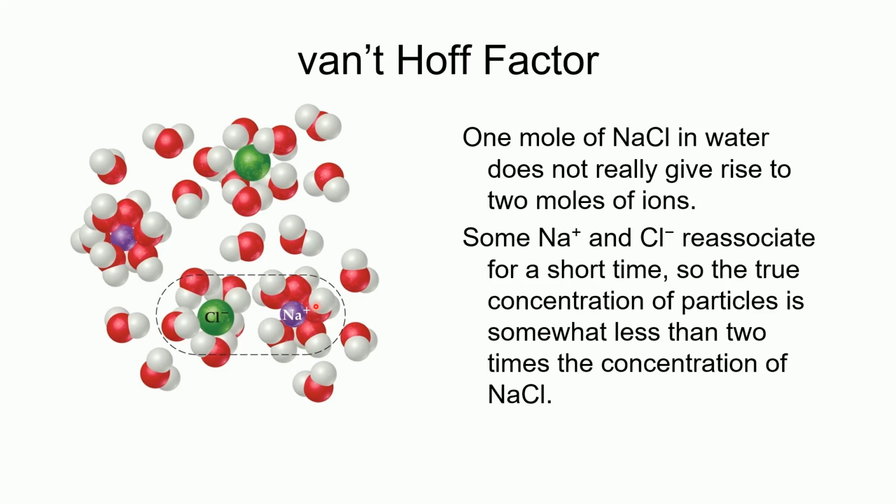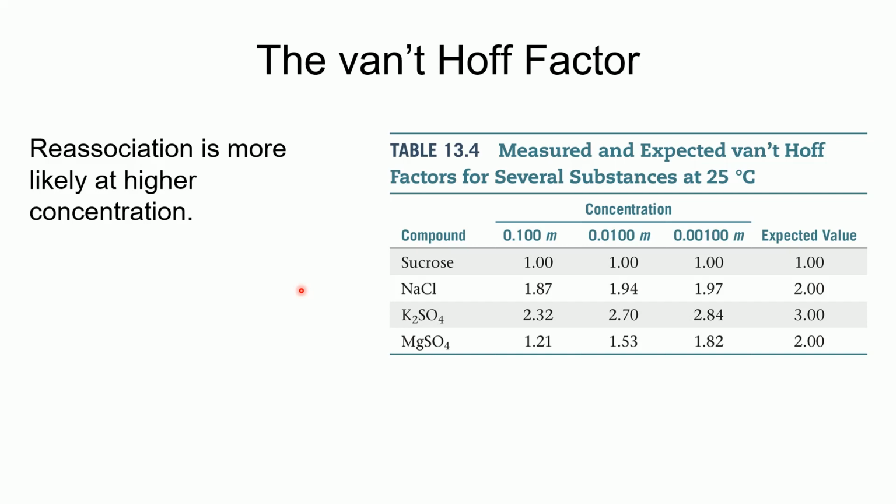Now, it's a little bit tricky because this reassociation effect is concentration dependent, which I'll show you on this next page. So it depends on how much of the stuff is there. This is why we're not going to actually do these calculations. We're just going to assume that it completely ionizes. But you'll see at 0.001 molal, it's less than the expected value of 2. Since there are 2 ions, it's less than the expected value of 2. It's at 1.97. That's because a small percentage of the ions reassociated as a close contact ion pair.